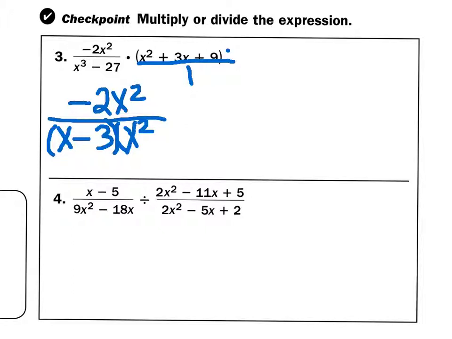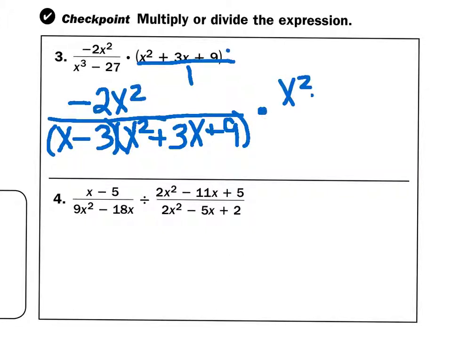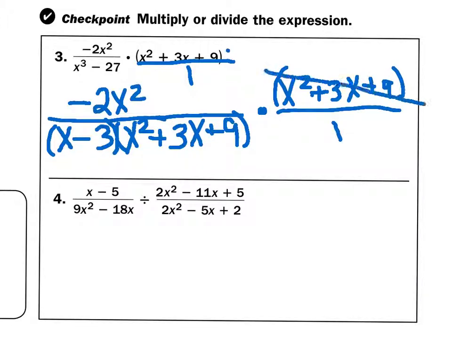This changes into a plus ab, so 3x, and then plus b squared, so 9, and then times x squared plus 3x plus 9. Oh, isn't that nice? I can mark those out. Okay, and leaving me with negative 2x squared over x minus 3.